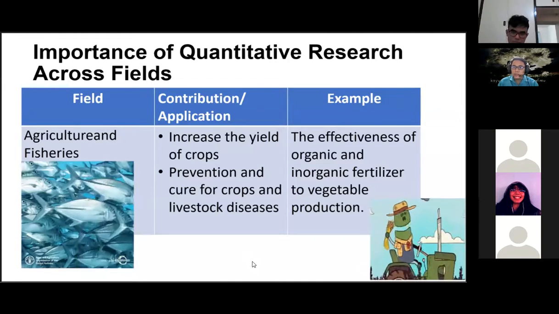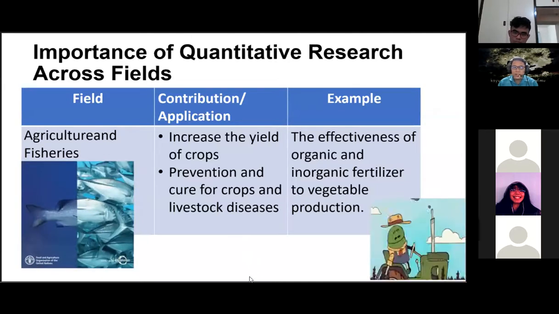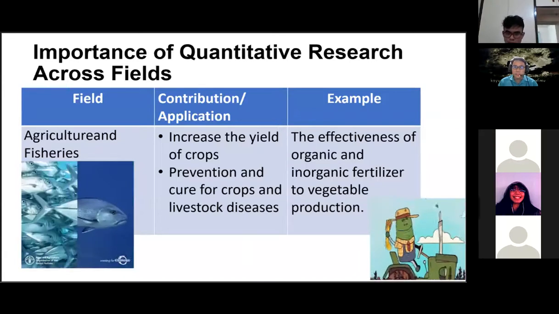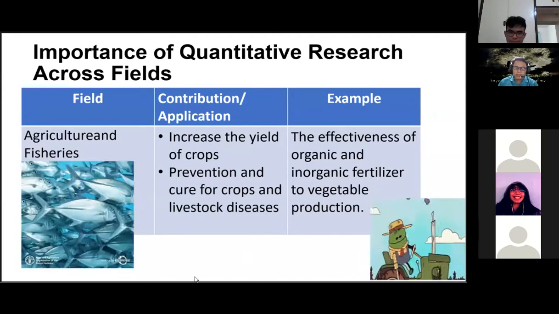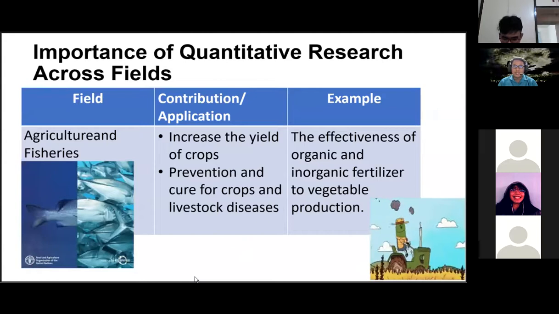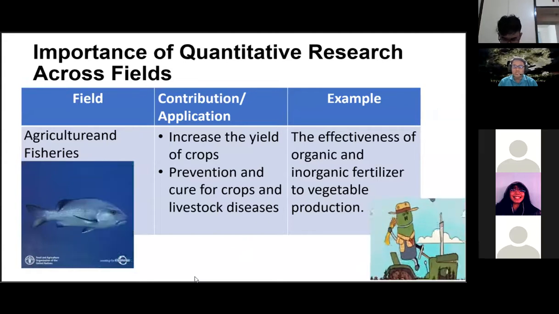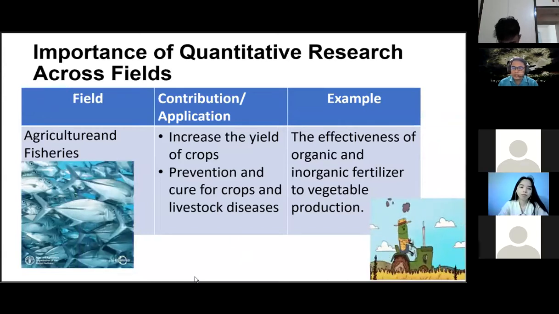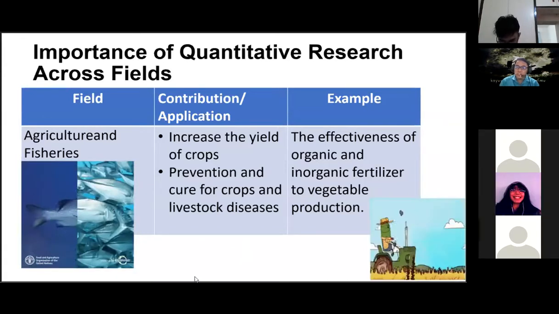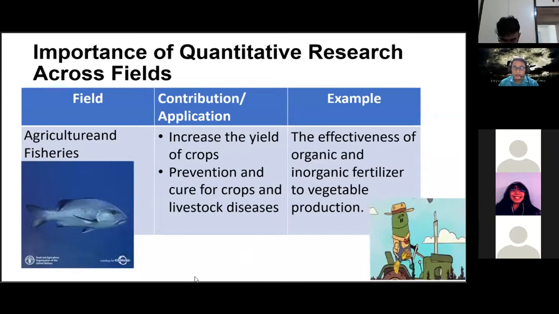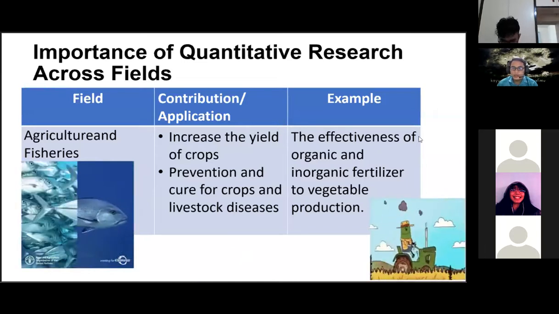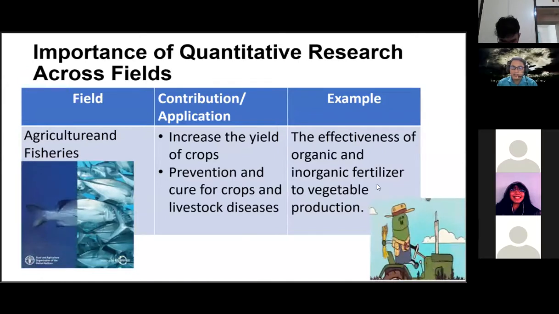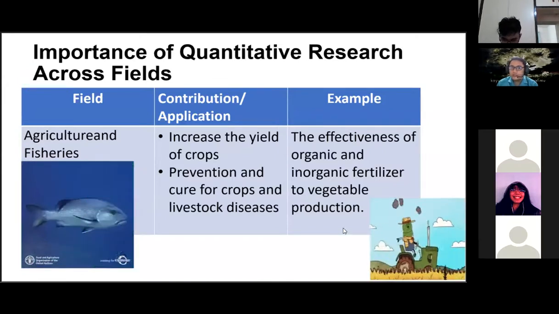It is also used to examine how agriculture in a particular community is influenced by global trends, whether global trends affect our agricultural community. An example of this is the effectiveness of organic and inorganic fertilizer on vegetable production.